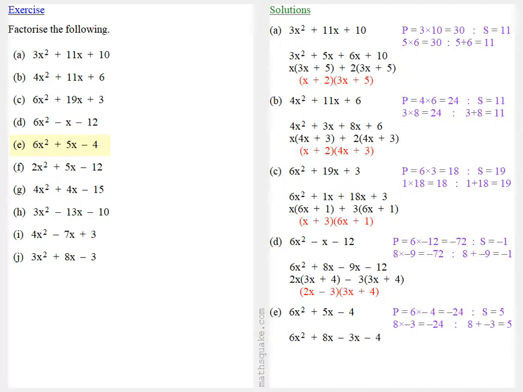So the equation can be written as 6x squared plus 8x minus 3x minus 4. The first pair factorise as 2x into 3x plus 4, and the second pair factorise into minus 1 into 3x plus 4. So we have 2x minus 1 times 3x plus 4.